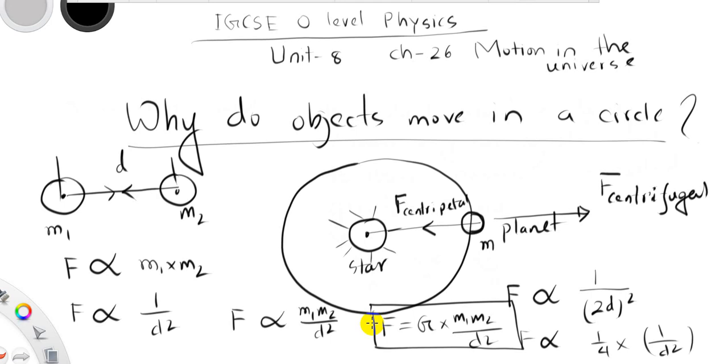Those planets that are closest to the sun feel the greatest attraction and so follow the most curved paths. Planets that are farthest from the sun feel the weakest pull and follow the least curved path.